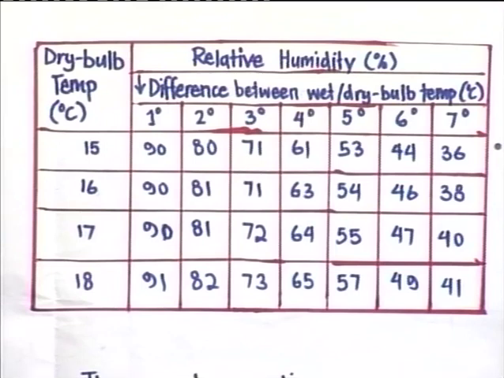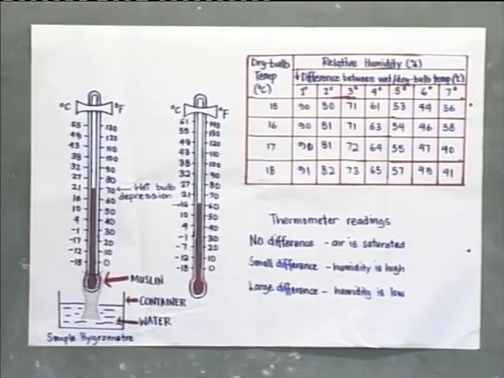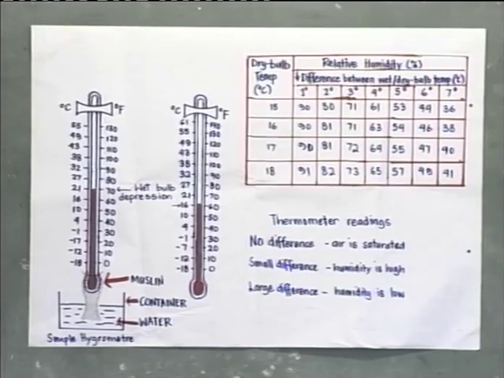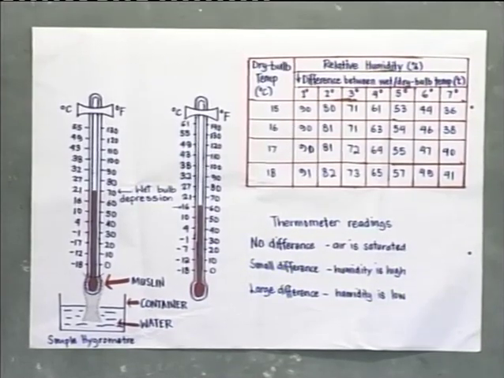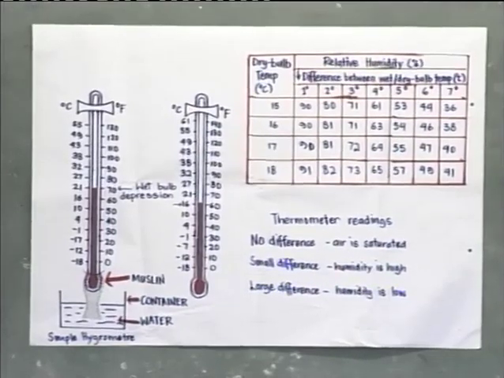And last question. What happens if the dry or wet bulb thermometer have their reading not at a whole degree Celsius, but just halfway in the middle, like point five or something like that?